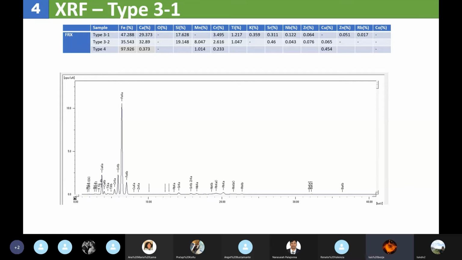In the table you see the compounds and, in percentage, the iron that was detected by this technique. In the first row you see the content for the type 3.1. It's iron, calcium, and silicate as the major compounds. Please, the next one.